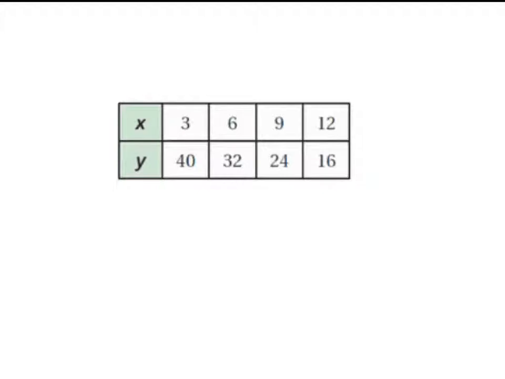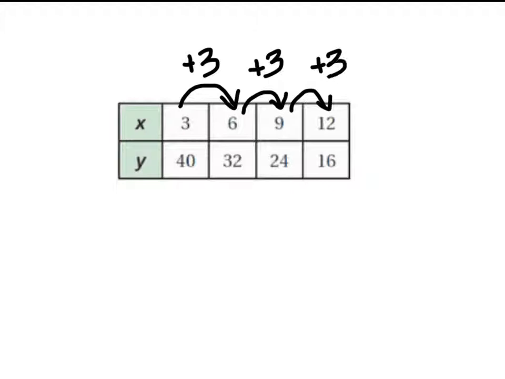Let's do an example. So as I look at my x's, 3 to 6 means I went up by 3. 6 to 9, I went up by 3, and 9 to 12, I went up by 3. If I go down to my y's, 40 to 32 means I went down by 8, 32 to 24 means down by 8, and 24 to 16 is also down by 8.